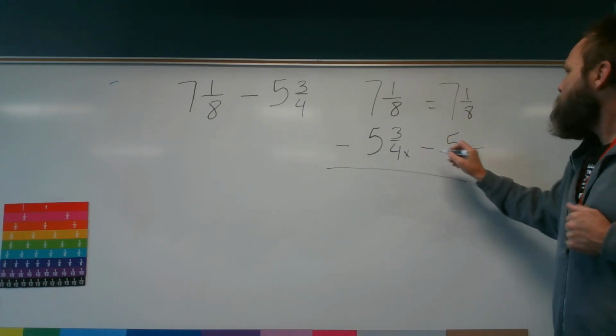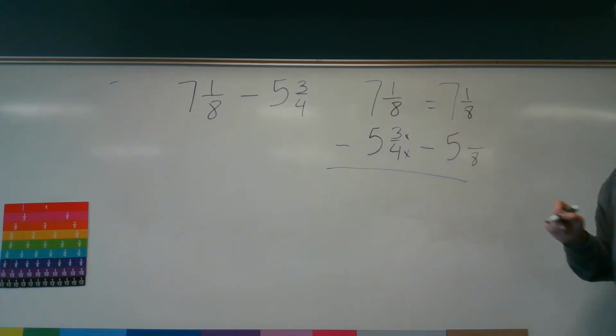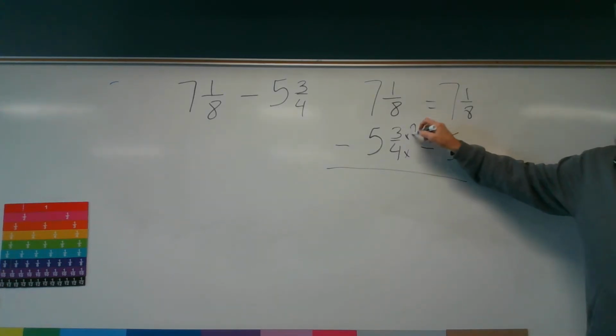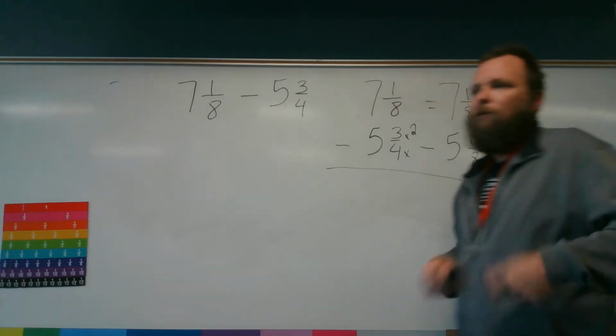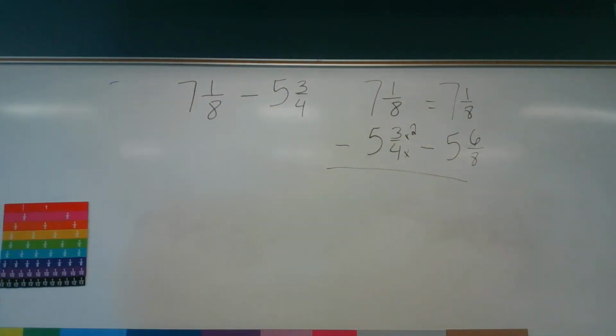If I multiply my denominator by 2, I must multiply my numerator by 2. And I get 5 and 6/8. So now I have 7 and 1/8 minus 5 and 6/8. What is my problem there, Victoria? You can't subtract 6 from 1. Good. I can't subtract 6 from 1.